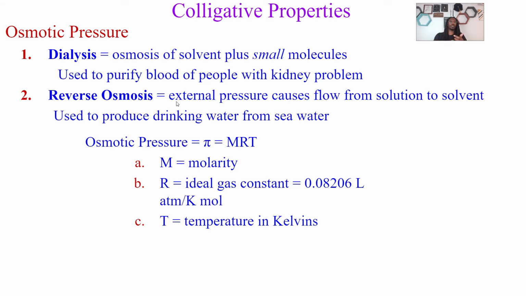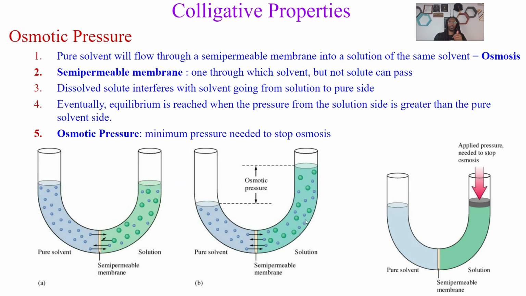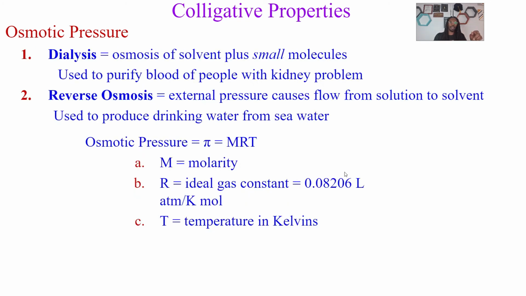Reverse osmosis is when the external pressure causes the flow from the solution to the solvent. So reverse osmosis would be applying pressure, forcing this back through the membrane over to this pure solvent side.